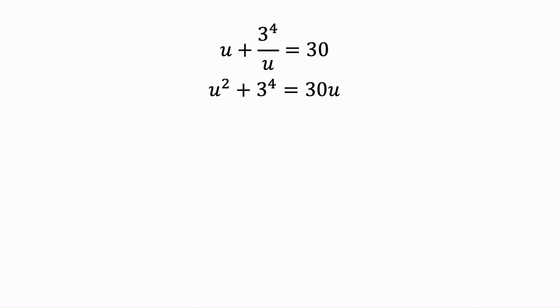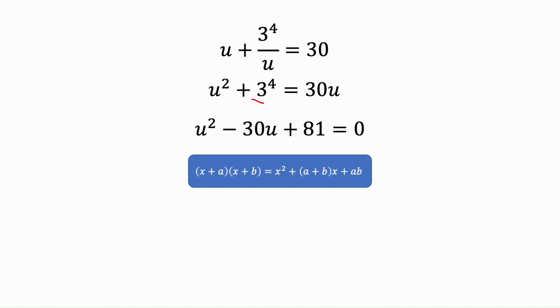We multiply both sides of the equation by u. So we will have u squared plus 3 to the power 4 equals 30u. So we can subtract 30u from both sides. So now we have u squared minus 30u plus 3 to the power 4 equals 0.